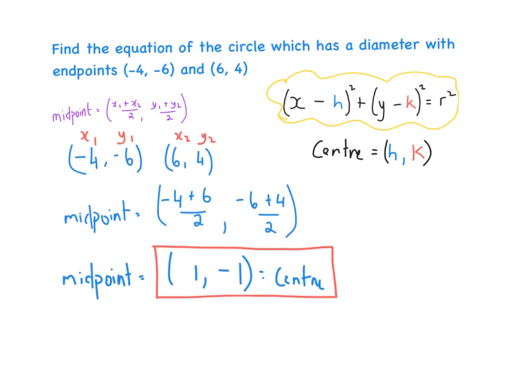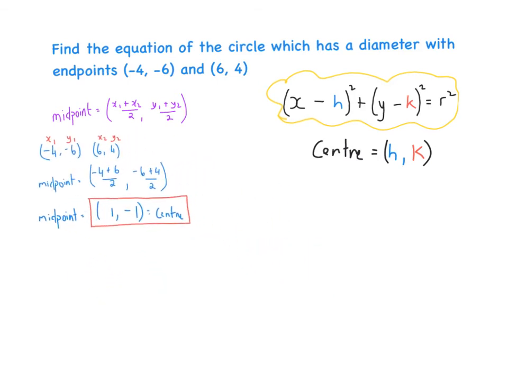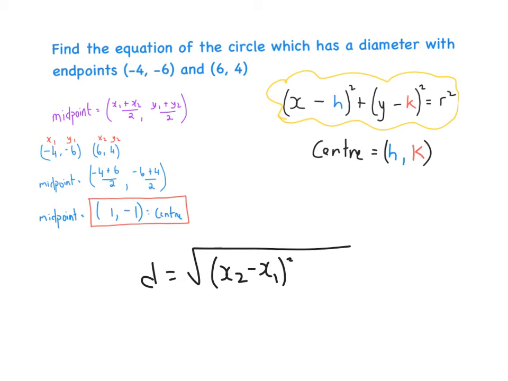So again, using our distance formula, and this is one of the things we're going to see in working with circles, that we're using a lot of the same formulas that we have from the line topic. Okay, so here we have our distance formula again, which is d is equal to the square root of x2 minus x1 all to be squared plus y2 minus y1 all to be squared.